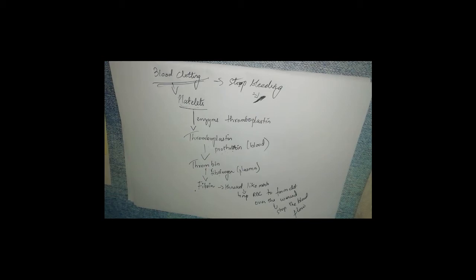This fibrin is like a thread-like mesh that helps to trap the RBC, that is your red blood cells, to form a clot over the wound, because this clot will help to stop the blood flow. So this is how your blood clotting takes place, with the help of your platelets. I hope you are clear.